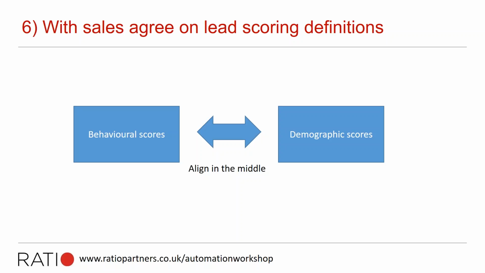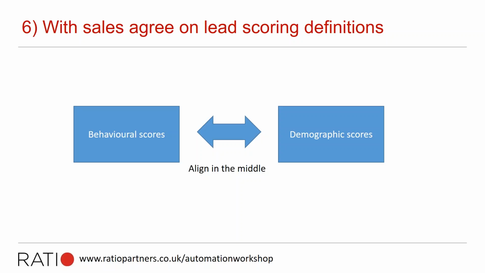And as I said before, don't worry about the complexity of all of this. It's about what do we need as a minimum to get going. With behaviors, what are the behaviors we're looking for our prospects to do online? How should we weight those behaviors? How do those behaviors degrade over time? With demographics, we're looking for the type of demographics we want in an ideal prospect.